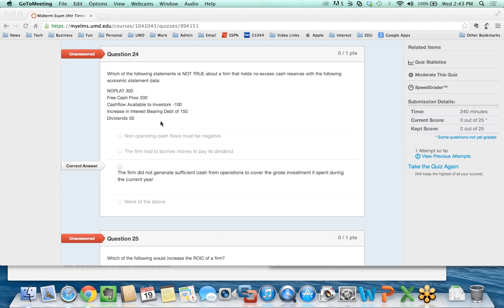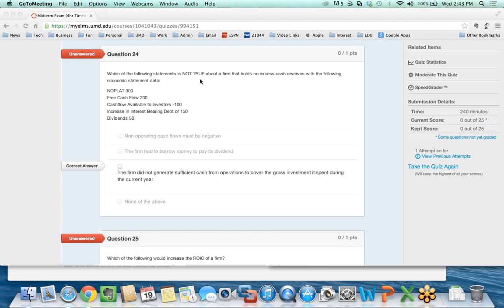So in terms of non-operating cash flows, they must be negative. We know that has to be a true statement because the only way you get from free cash flow to CFI is with the non-operating cash flows. So to get from a positive 200 to a negative 100, the non-operating cash flows had to be a negative number, right? So that one is true.